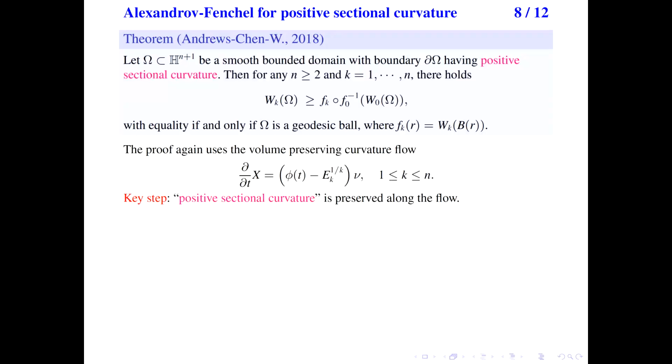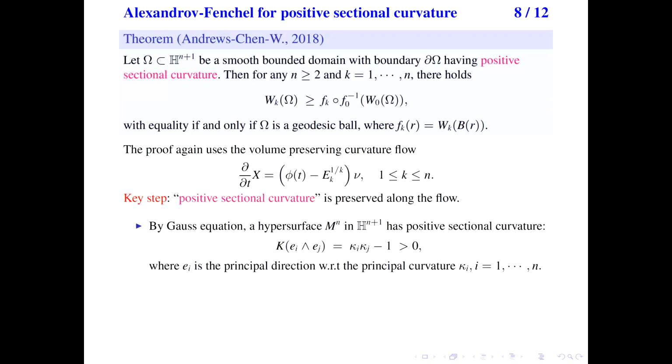I note that by the Gauss equation, a hypersurface M in the hyperbolic space has positive sectional curvature if and only if the product of any two principal curvatures, kappa_i kappa_j, is greater than 1, because we can relate the sectional curvature of the plane spanned by e_i, e_j to the product kappa_i kappa_j minus 1.